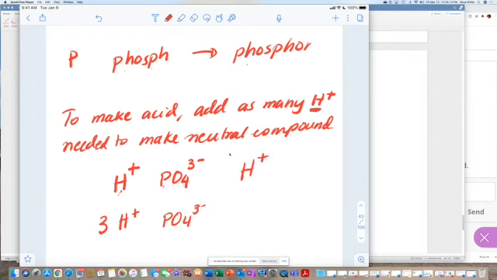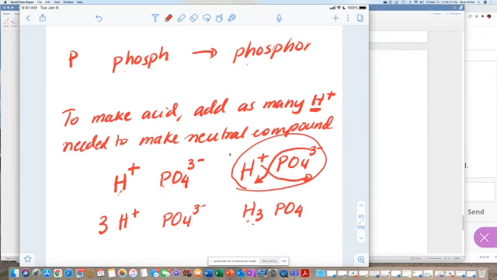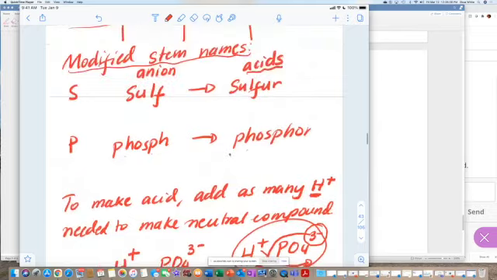Or you can use the crisscross method. Either one works. 3 minus. This positive comes down here. This 3 comes down here. And we end up with, it takes 3 hydrogens and 1 phosphate to make a neutral compound. So I'm going to stick with this idea, okay? Depending on the negative charge here, I'm going to add a hydrogen per negative charge to make the compound.